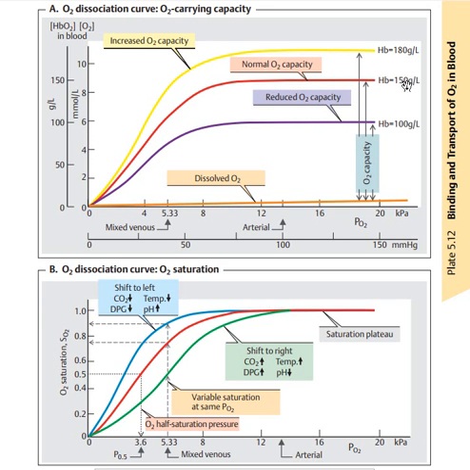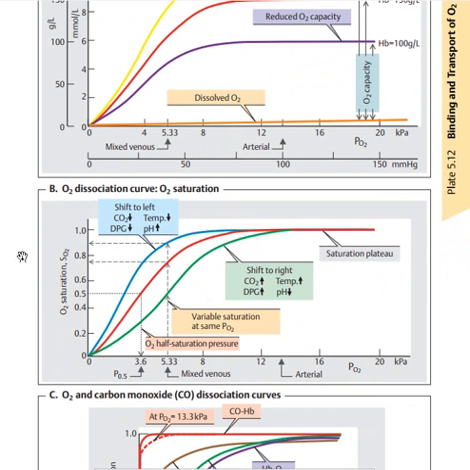The more you increase the hemoglobin level, the more the oxygen capacity of blood, because more oxygen is going to be stored inside the hemoglobin, found inside the red blood cells. So that's why you have a rise in the level of oxygen. But now let's see the oxygen dissociation curve associated with saturation.